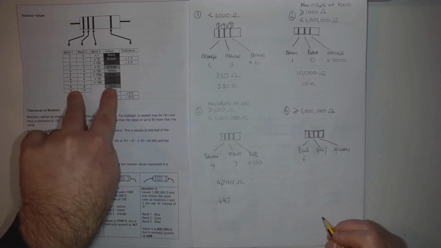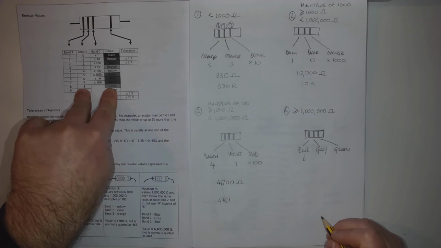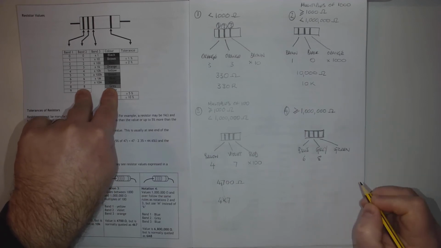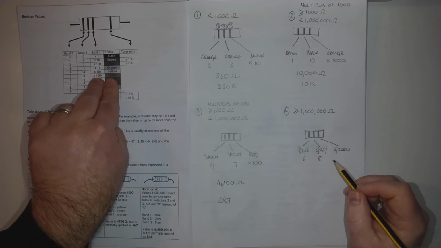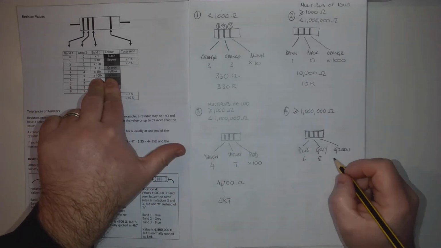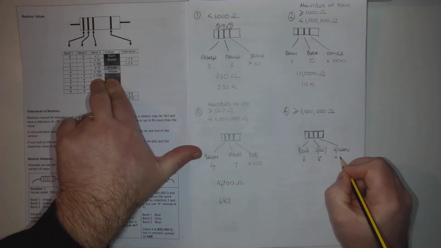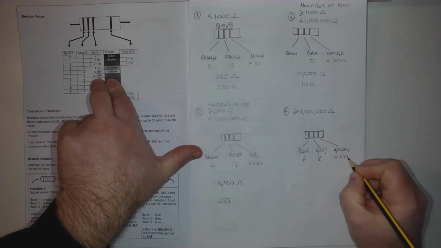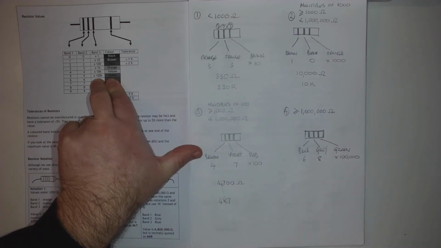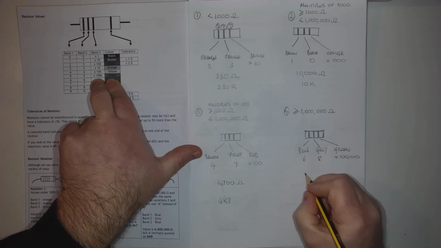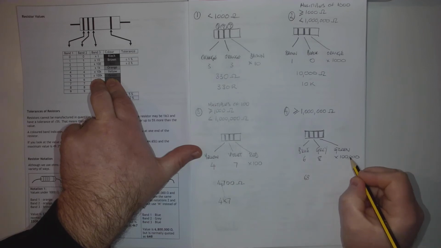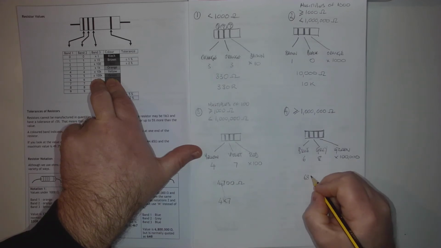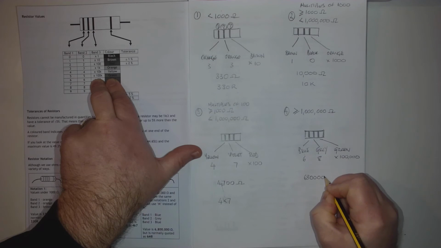Second band is grey, which if I look in my chart for grey, band 2 is a value of 8. And then green for band 3 has a value of multiplied by 100k or 100,000. If I take my two numbers 6 and 8 together, multiply them by 100,000, that's got 1, 2, 3, 4, 5 zeros.